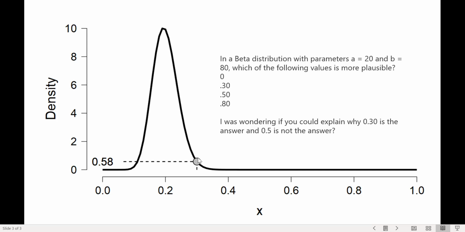But if you compare to the other values, 0.5 is here. So it's much lower than 0.3. And 0.8 is even lower.